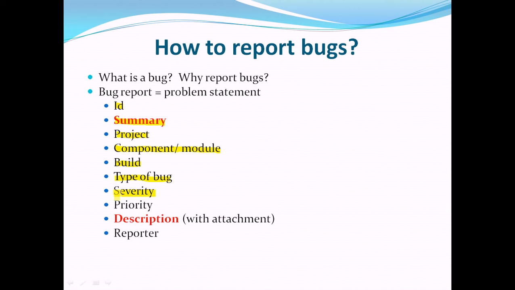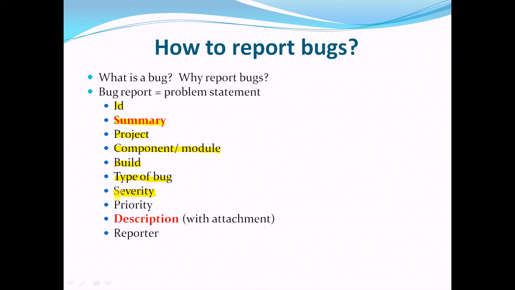A minor severity bug can be that the help file contains some typographical errors, so that is something that will not cause any major concern to anyone, but still it is a problem and it should be fixed. So the severity can range from showstopper, major, minor, then cosmetic.